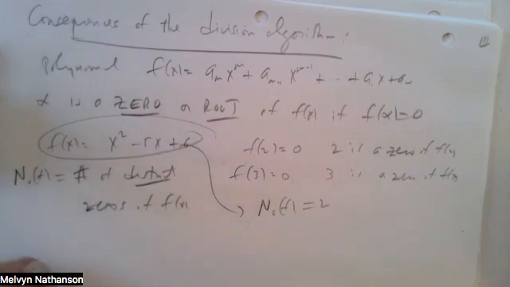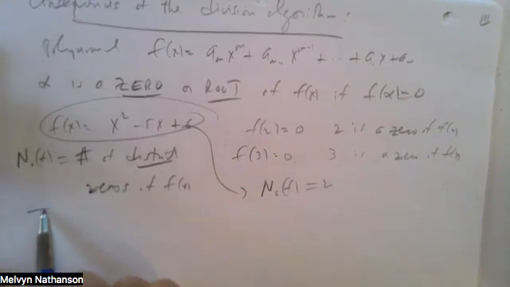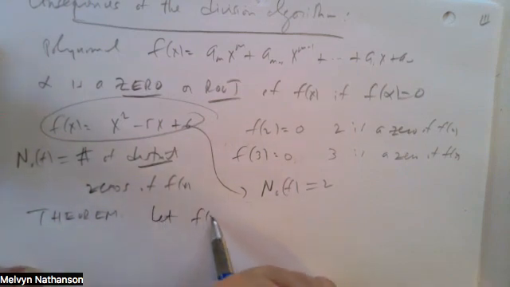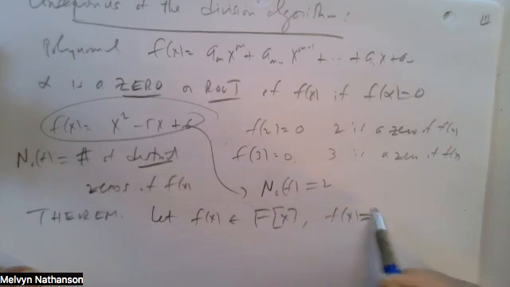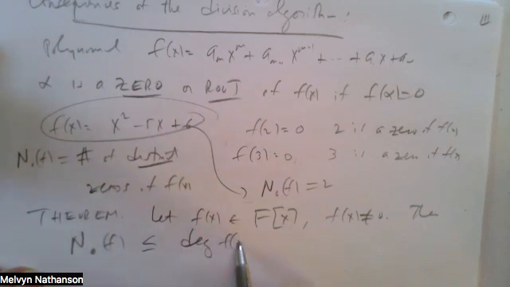In fact, there are exactly 2 zeros, and n0 of f is equal to 2, which is the degree. And we have, in fact, the following theorem. Let f of x be a polynomial with coefficients in the field F, f of x not equal to 0, then the number of zeros of f is at most the degree of f of x.